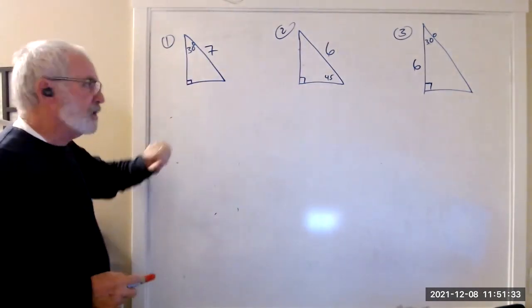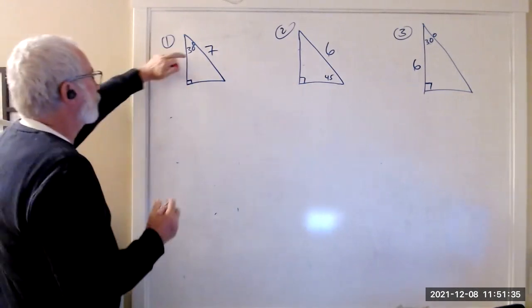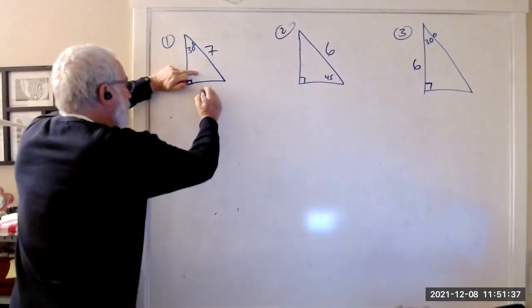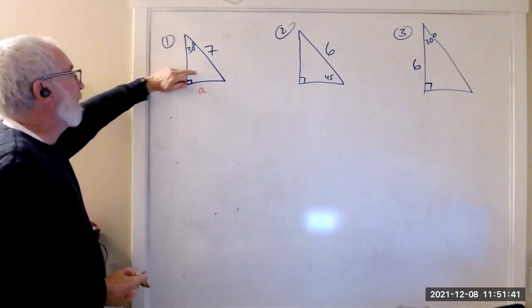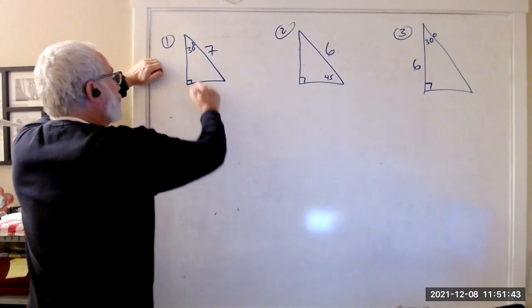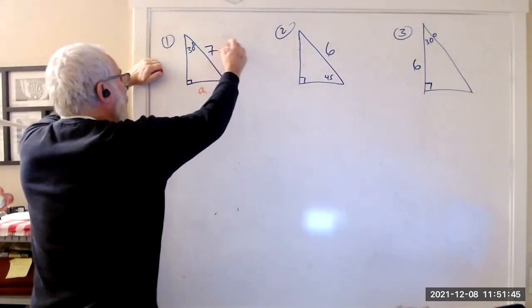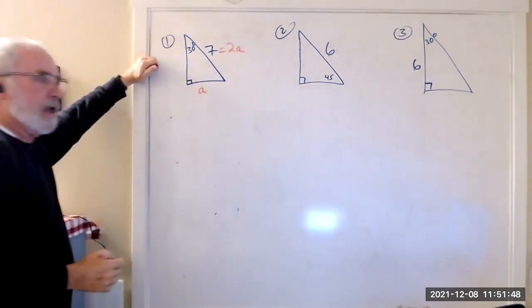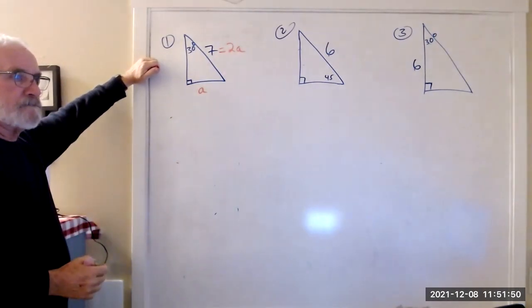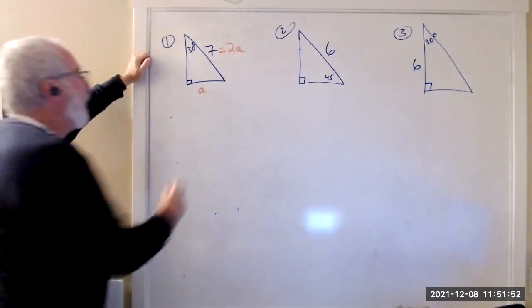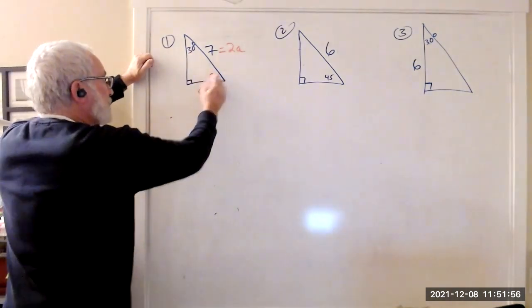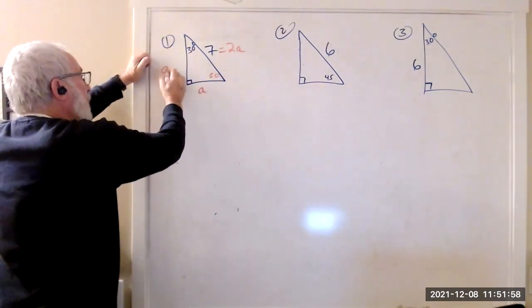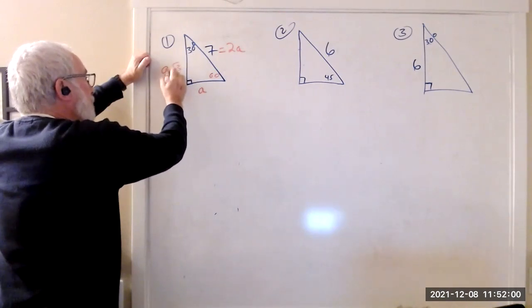In a 30, 60, 90 triangle, the side opposite the 30 degrees is called A. The hypotenuse is always double A. Always. And the side opposite the 60, so if this is 30, has to be 60, this is A times the square root of 3.